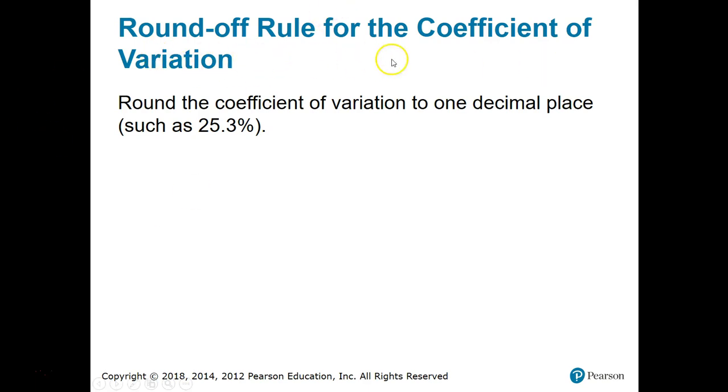Another round-off rule for the coefficient of variation. These are not going to be that particularly important for exams, for the midterm or so. As long as you give me a couple of digits, I'm not going to be too terribly concerned about where you round it off. So don't worry too much about that.